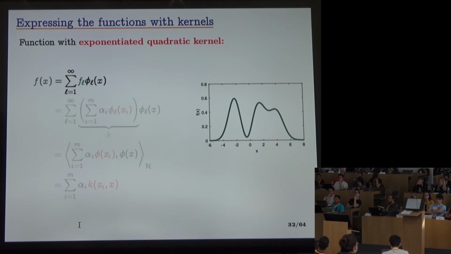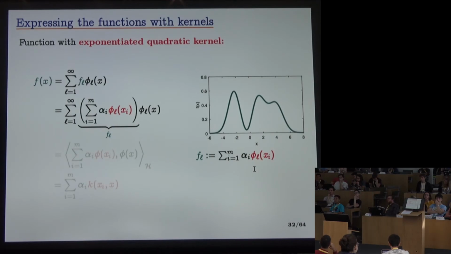So let's look at this. Here is a function of infinitely many features. I've written here coefficients f times features of x. This is my x-axis. Here is my f. I need infinitely many features to express that function. But let's say my little f's just happen to be a sum of m features of points at xi.